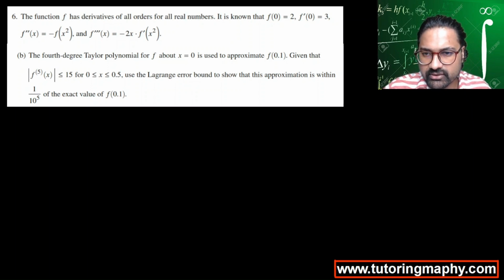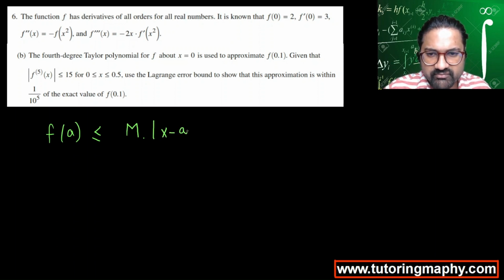Right, so first of all, what is the Lagrange bound? The value at f of some value a is always less than or equal to, as per the Lagrange bound, m times absolute value of x minus a raised to n plus 1.